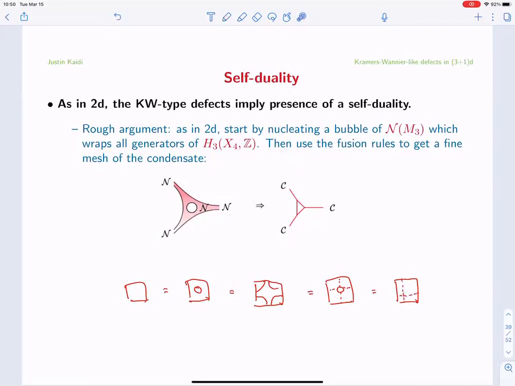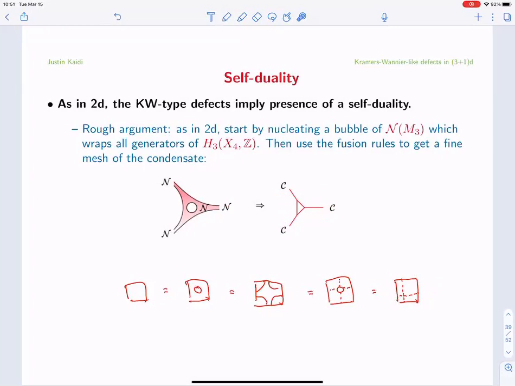In higher dimensions, you can run the same exact argument, and that's what this is supposed to schematically represent. So this here is the insertion of N on all of the generators of H3. It's really the analog of this picture. Then you pinch off using the fusion rules, and you shrink all the bubbles, and you get an insertion of a fine mesh of the condensate, which is the analog of this.